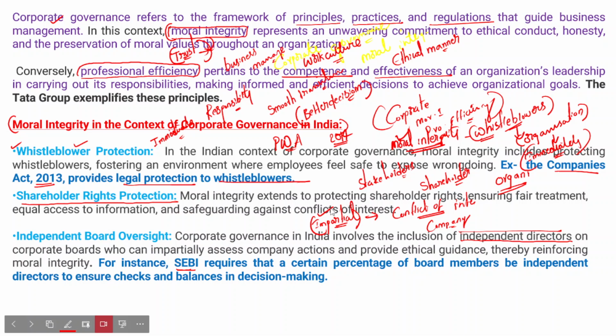Therefore, the SEBI mandate will ensure overall checks and balances in decision making. Even if a certain decision is taken, it would not favor a particular individual or a certain set of stakeholders, but would be more inclusive and benefit all the stakeholders. Over a period of time, it improves the performance, effectiveness and efficiency of the company.